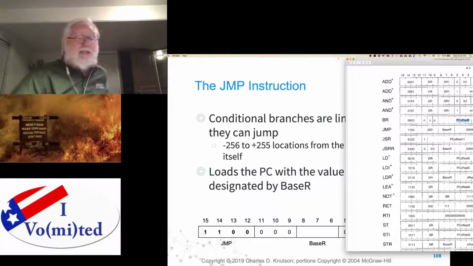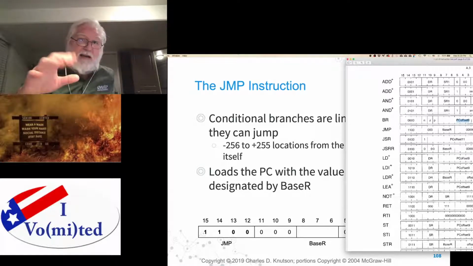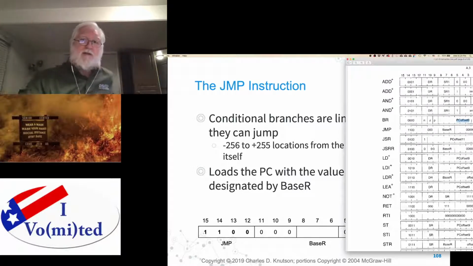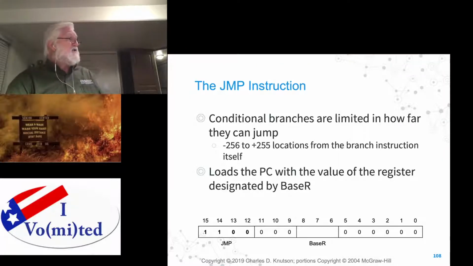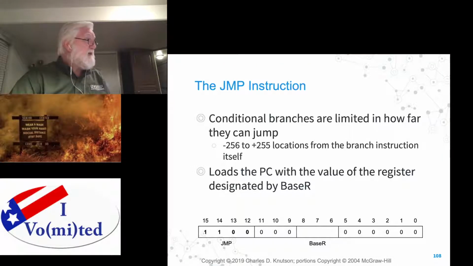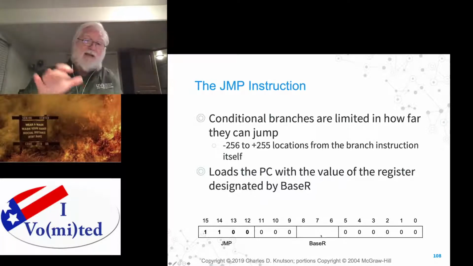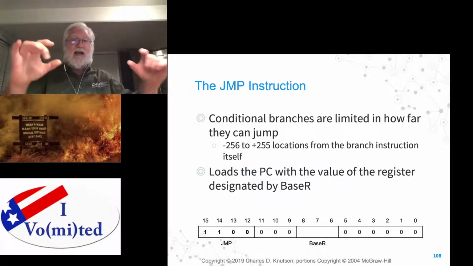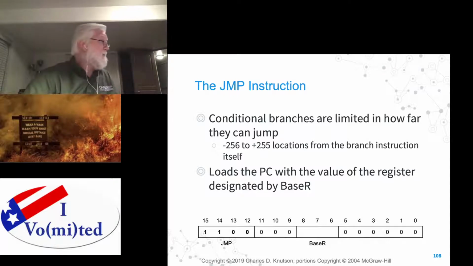That's fine and dandy if you're jumping around close by. It's not fine if you're trying to jump all the way across the country, to some other part of memory. So you have to get the value into the PC. We jump to whatever value is in the base register. We take that value, say that's an address, and load that into the program counter.